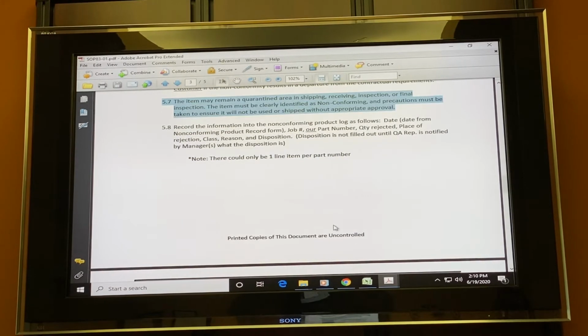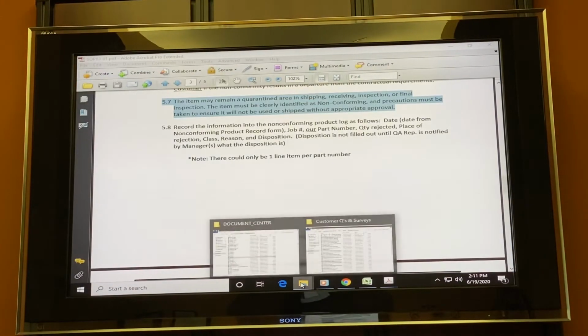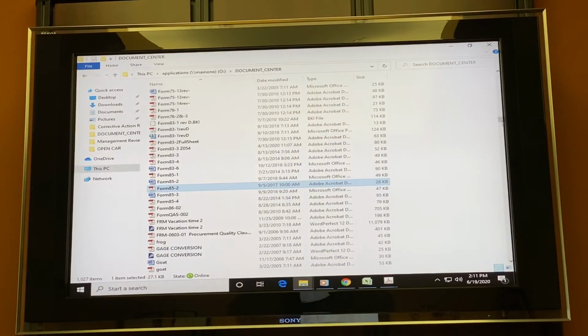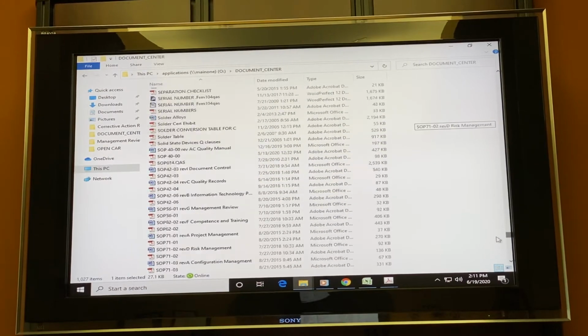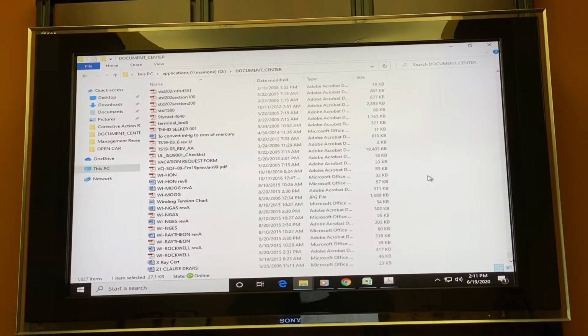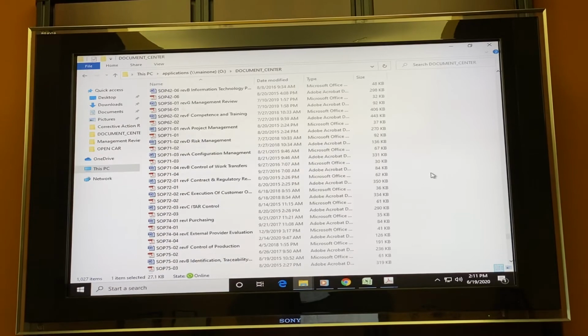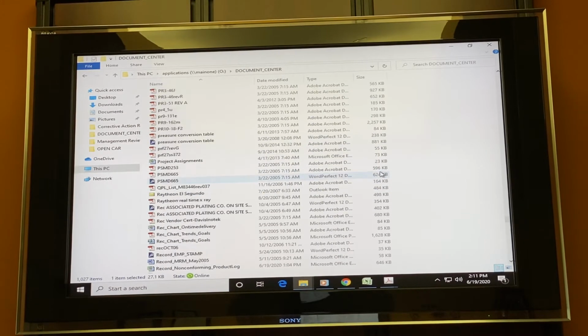Oh, I was just talking about the non-conforming product log. I don't know if you guys noticed how I was doing it earlier. Remember how there was one RMA number for the 2 jobs? Did you guys notice that I put 2 lines for each of those in the product log?